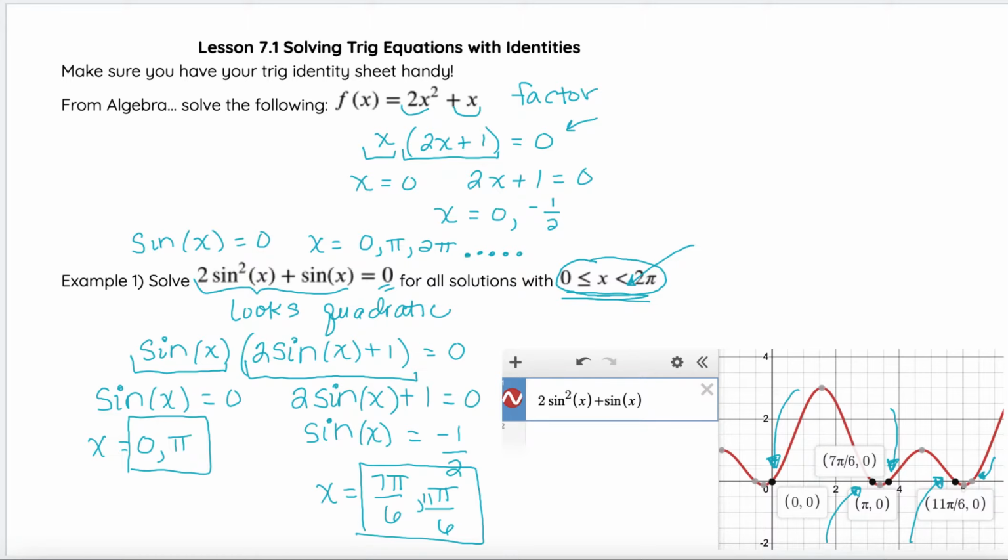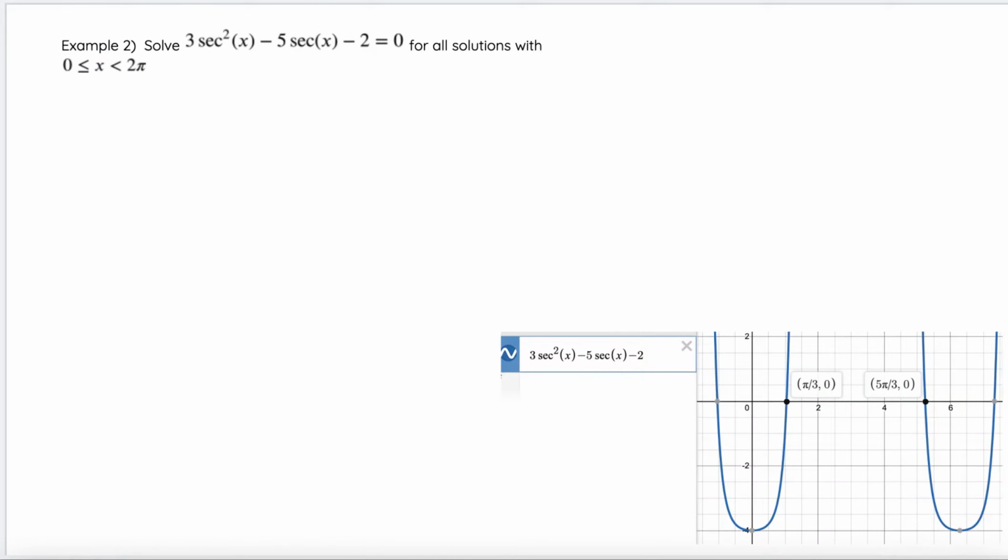Let's head to slide 2 to see another example. Here I have 3 secant squared of x minus 5 secant minus 2 equal to 0. My solution set is between 0, which is included, and 2 pi, which is not included.